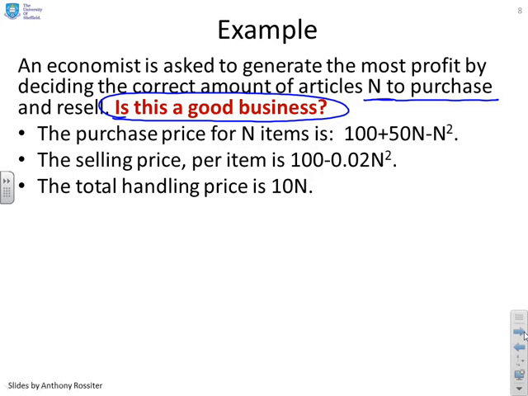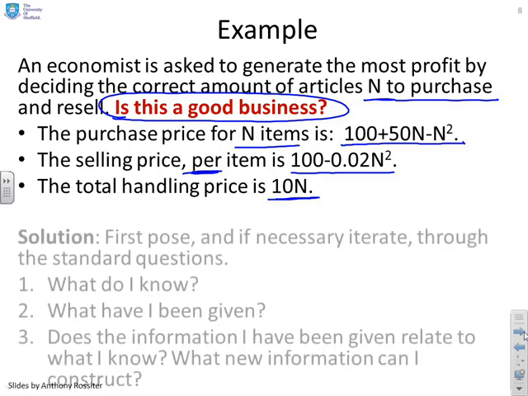The purchase price for n items is 100 + 50n - n squared. The selling price per item, and that's key, if it's given in a slightly different way, is 100 - 0.2n squared, and the handling price is 10n. So you want to know, well, what's the best amount of articles to purchase and resell? And we're assuming however many you purchase, you can sell.